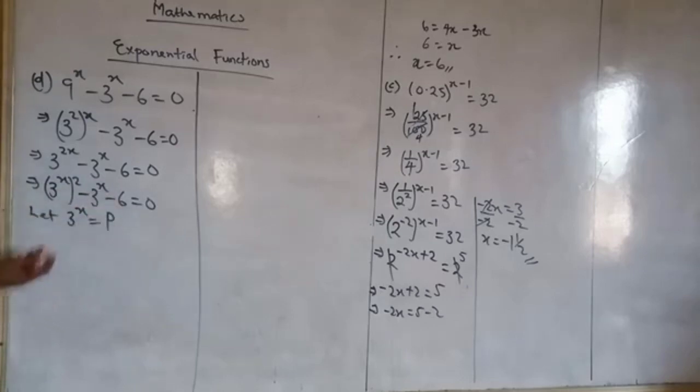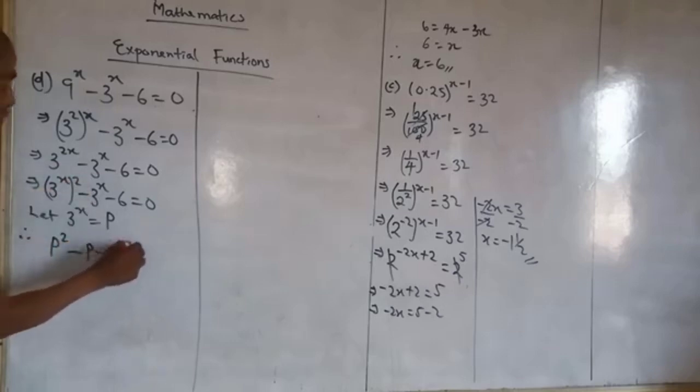Any letter we like, you can choose. So I'm equating it to p. Wherever we see 3 to the power of x in this equation, we substitute p. So we put p there, then this is the square, minus this 3 to the power of x, we put p there, then minus 6 equals 0.